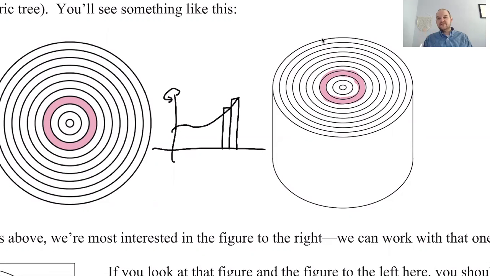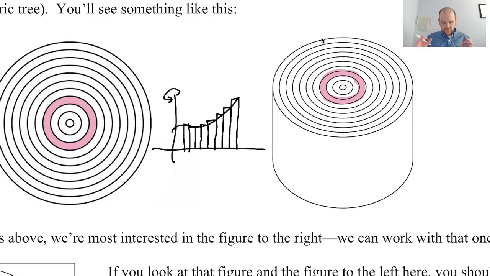And if I rotate that rectangle around the y-axis, it's going to make another cylindrical shell of a different height. And if I make enough of them, because I'm doing a finite number, I'm going to get an approximation of the volume. But if I could do an infinite number, I would get the actual volume.